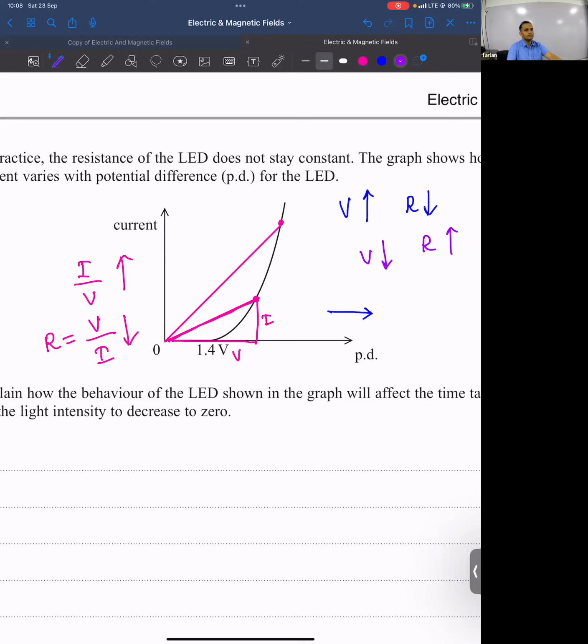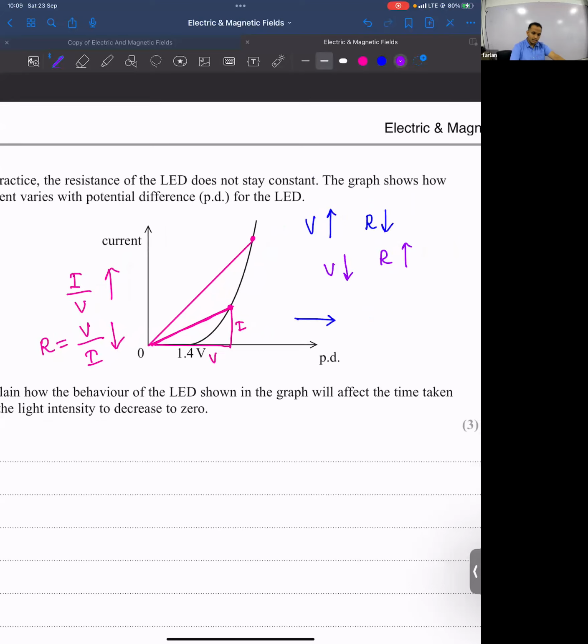According to this graph, when the voltage increases, the resistance decreases, which means when the voltage is decreasing, the resistance should increase for an LED. In the given circuit, as the time increases, the voltage across the LED is decreasing. Yes or no? Which means the resistance of the LED is increasing.